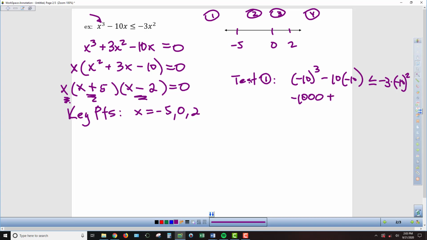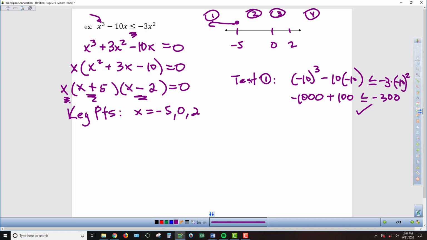Then it's going to be plus 100. And then I need that to be less than or equal to negative 3 times 100, which is negative 300. So I'm getting negative 900 is less than or equal to negative 300. That is indeed correct. So I am going to put a closed circle at negative 5 because of the equal to in my inequality. And I'm going to have a part of my graph going this way.